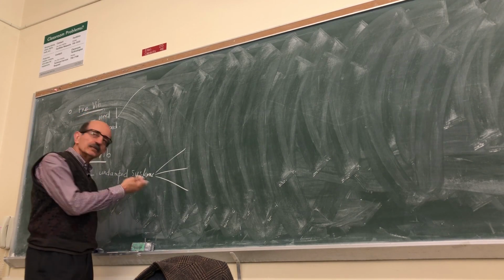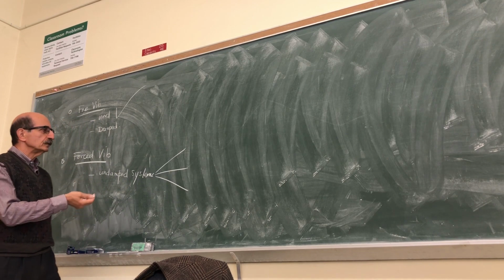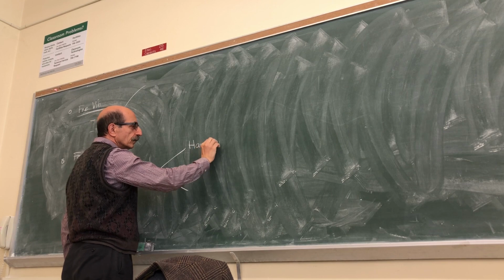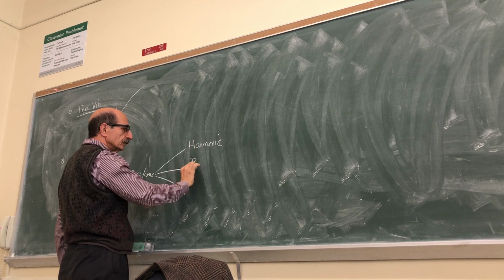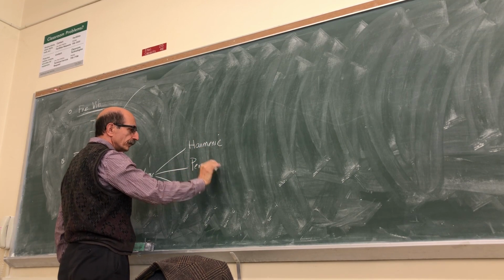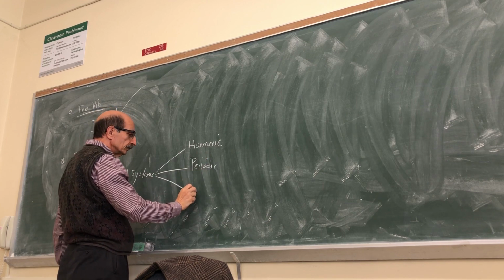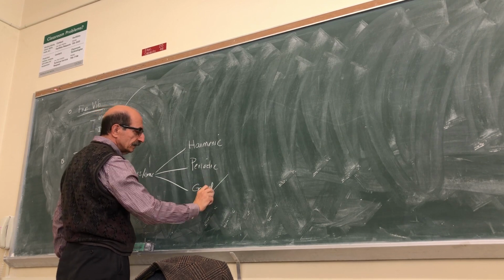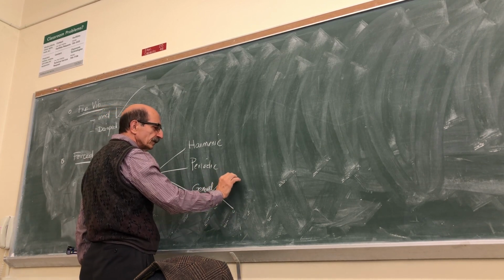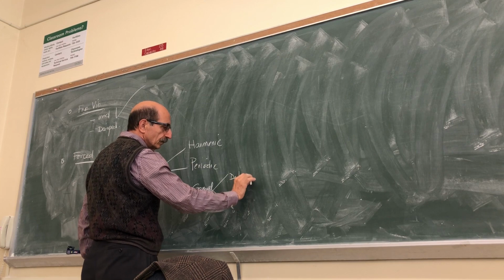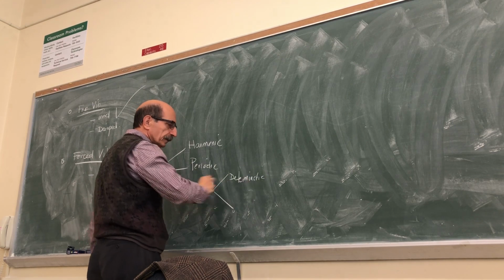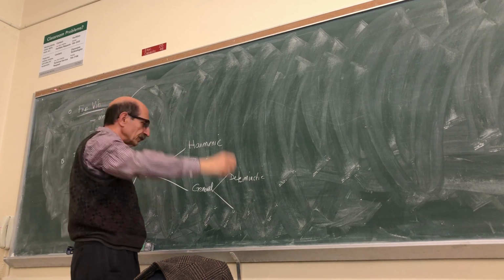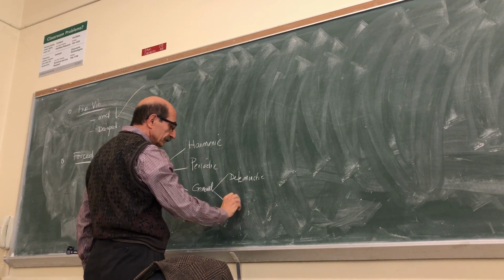So the types of forcing functions that we consider are going to be either harmonic, periodic, or general. Even this general can be deterministic, like a blast load, impact load, earthquake excitation, or random.